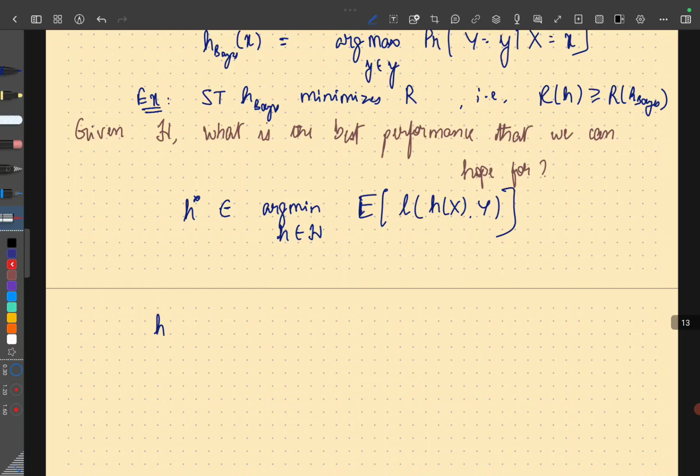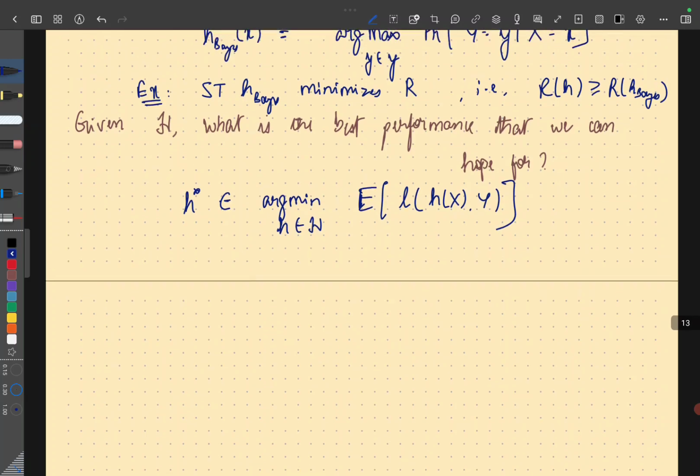So, for example, in the case of binary classification, let's say H Bayes of X would simply be the max. Let's write it a little more explicitly.